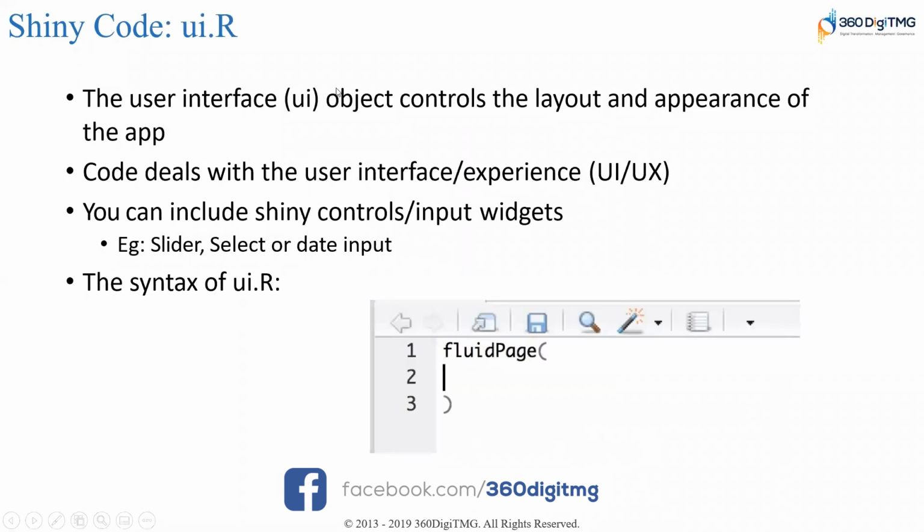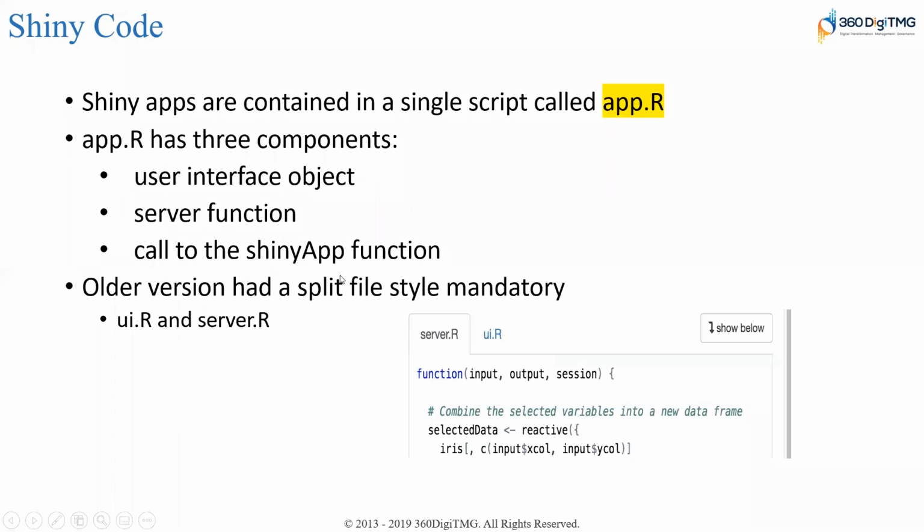Now let us see what exactly the UI.R object is. As I said, app.R is a code, assume. In that Shiny code, you have three different segments. The last segment is just a Shiny application function, which calls these two objects, the UI object and the server object.